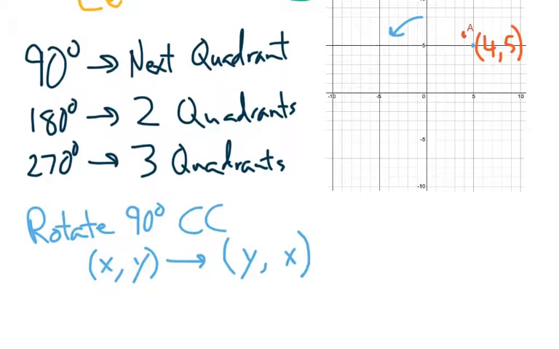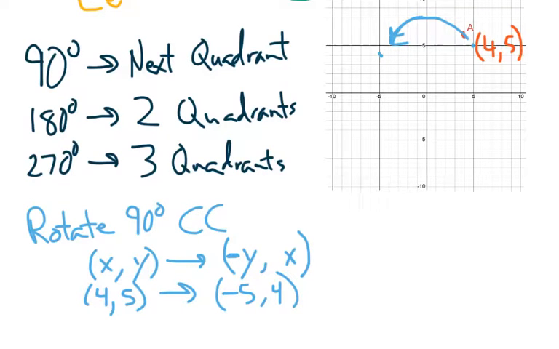So what's going to change is the sign on that first number. You're going to flip the x and y, and make that first one negative. Given the numbers that we have, we started off with 4, 5. To rotate it counterclockwise 90 degrees, we're going to have -5, 4. There we go. And it's as if we rotated this thing 90 degrees that way.